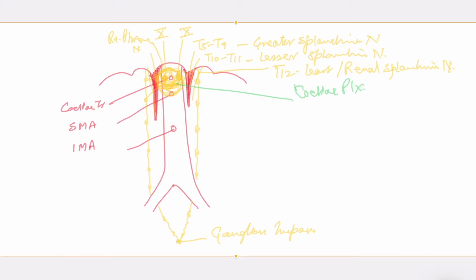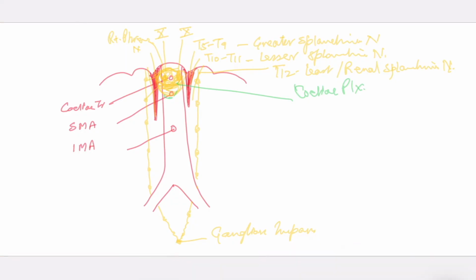Similarly, along the splenic artery, there will be a plexus surrounding the spleen, so that is the splenic plexus. So all the way, the different branches carry these nerve fibers. Similarly, this plexus descends down and surrounds the superior mesenteric artery. This plexus, which runs along the superior mesenteric artery, supplies autonomic fibers to the structures derived from the midgut.